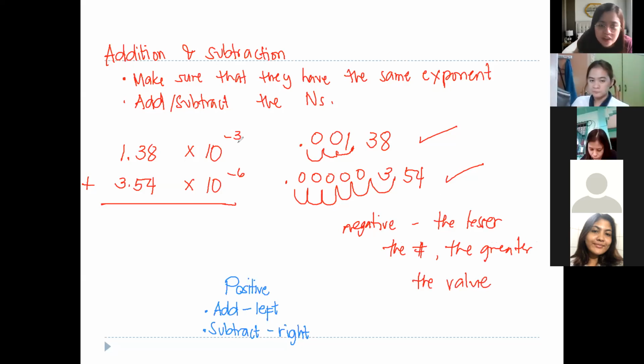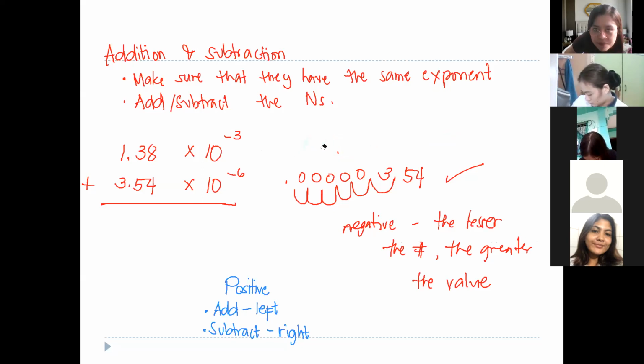Therefore, if we compare negative 3 and negative 6, negative 3 has the greater value. Remember this when the exponent is negative.